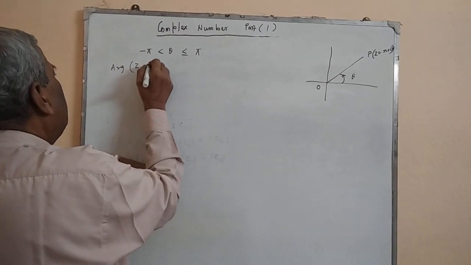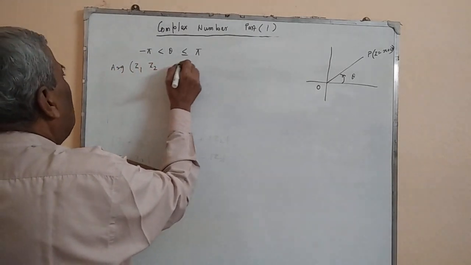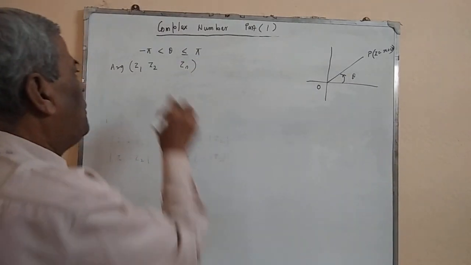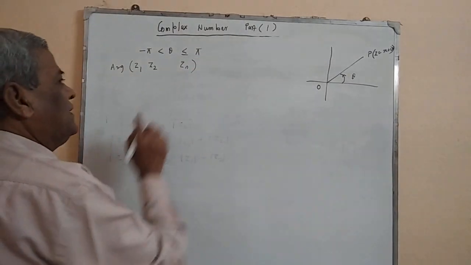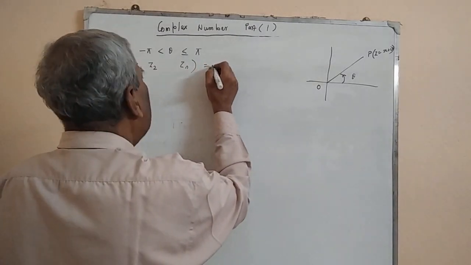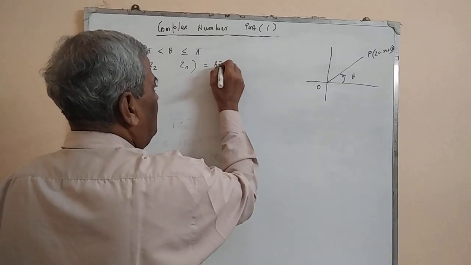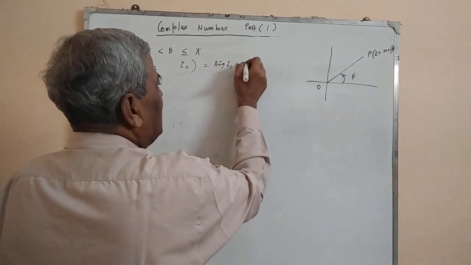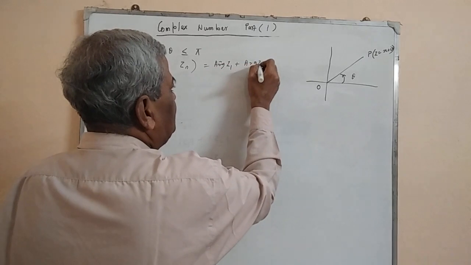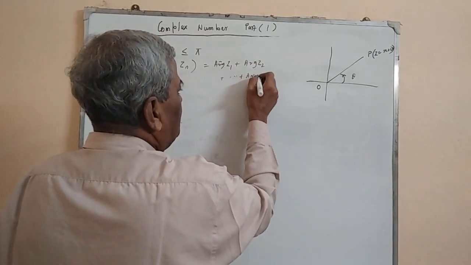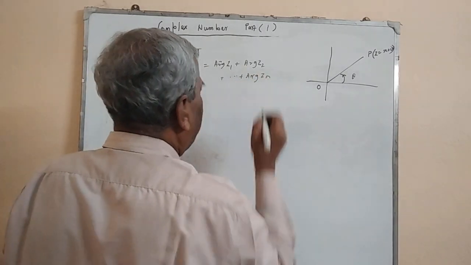Argument of Z1 into Z2 up to Zn, the product of n complex numbers, is equal to the sum of their arguments: argument of Z1 plus argument of Z2 up to argument of Zn.